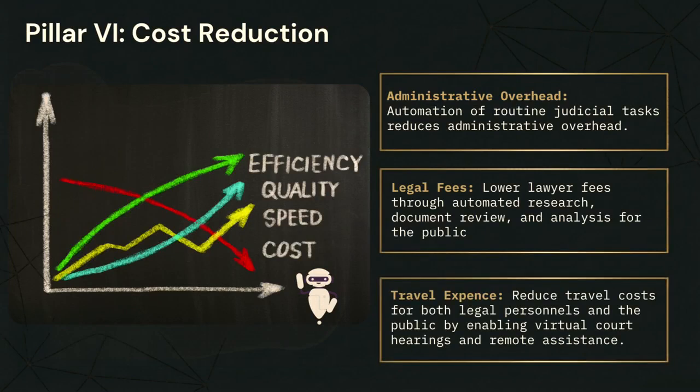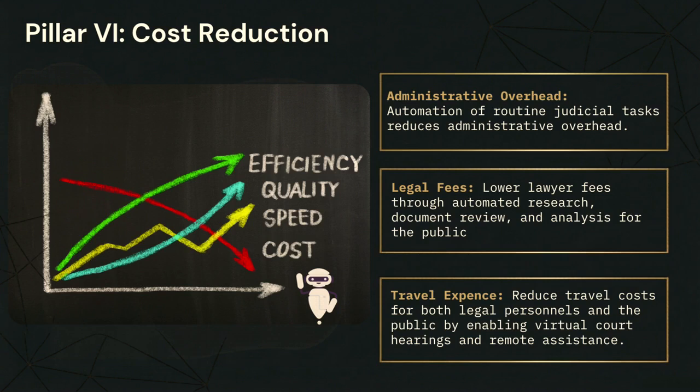In addition, AI benefits cost reduction. AI contributes to lessening the cost in many ways. For example, AI can automate routine tasks for the judicial process, so it significantly reduces the administrative overhead for the court.